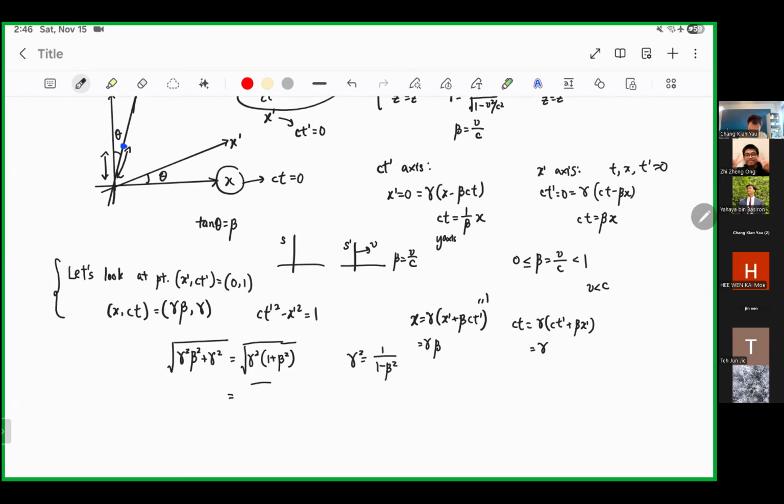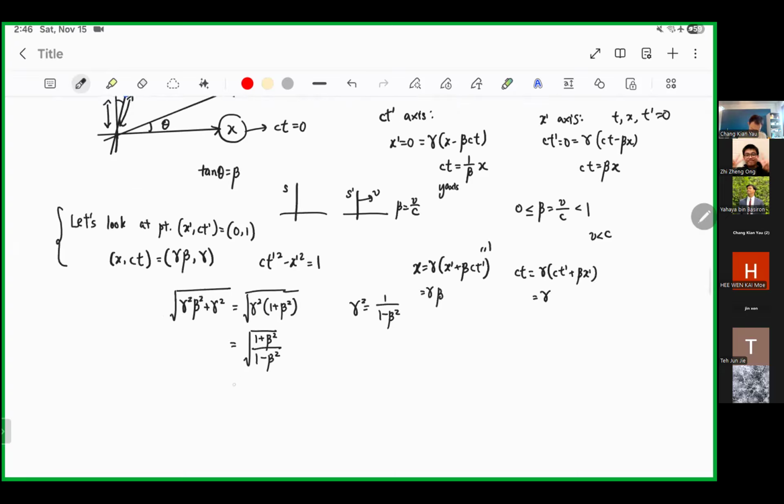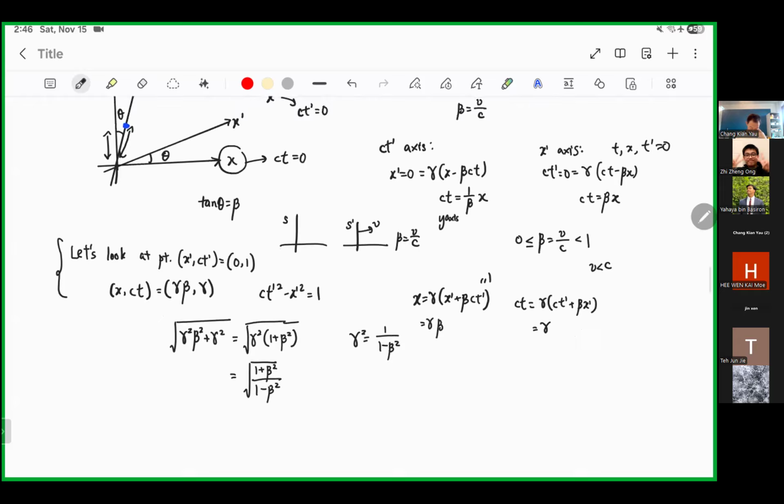So you have the square root of 1 plus beta squared divided by this. I don't think I can simplify this further.